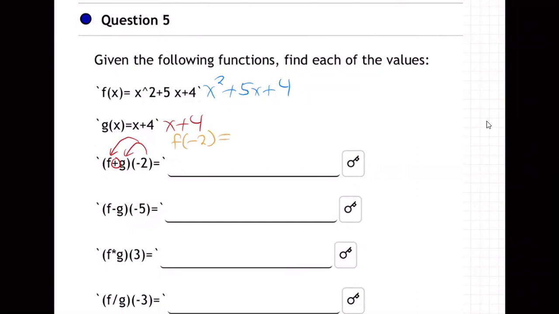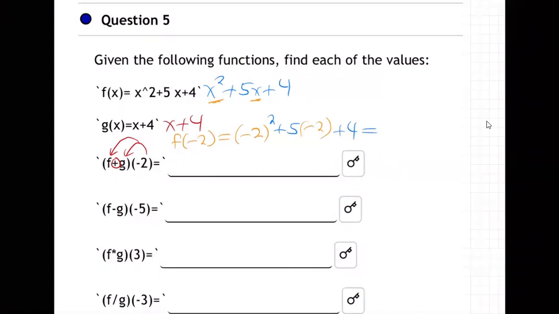So plug -2 into f, which means those two slots, right? Let me write it like this to be more clear. See what I did there?